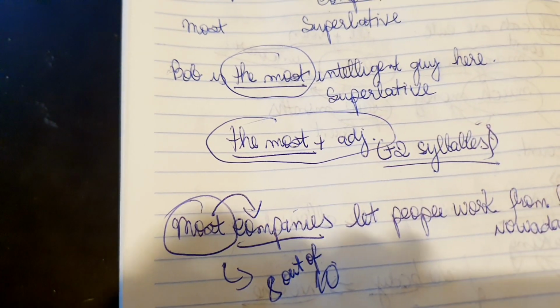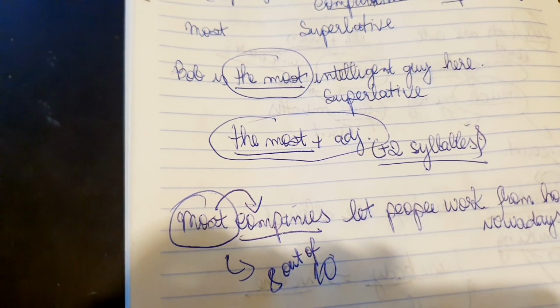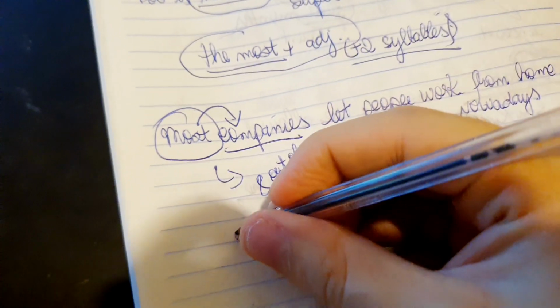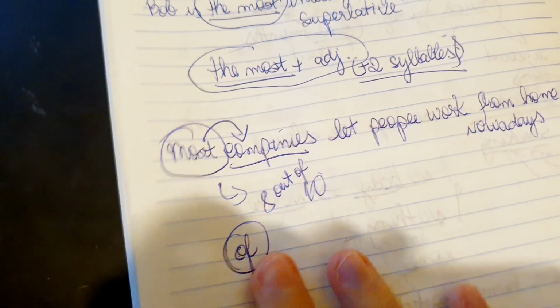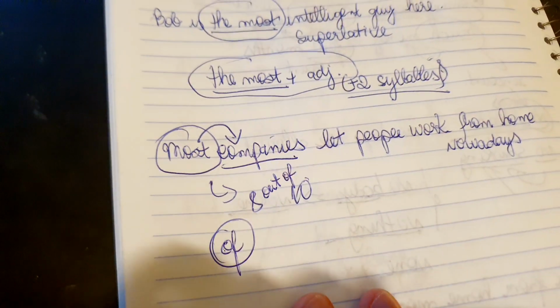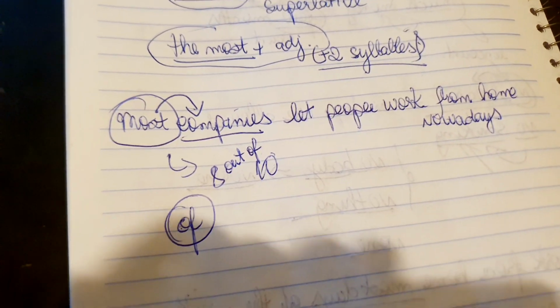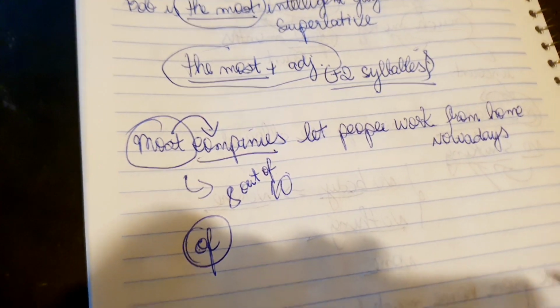Another case, let's see some more cases in which we can use the preposition of, but I guess, yeah, let's see just some of the cases as this video is already lengthy enough.